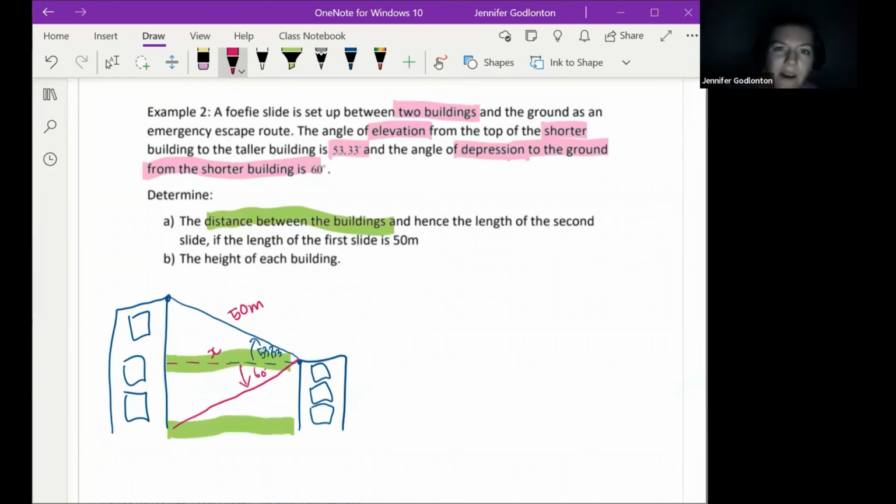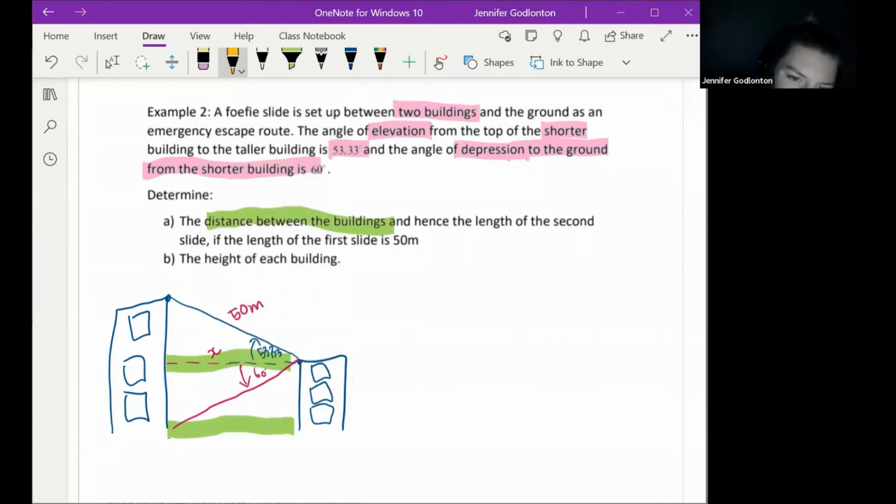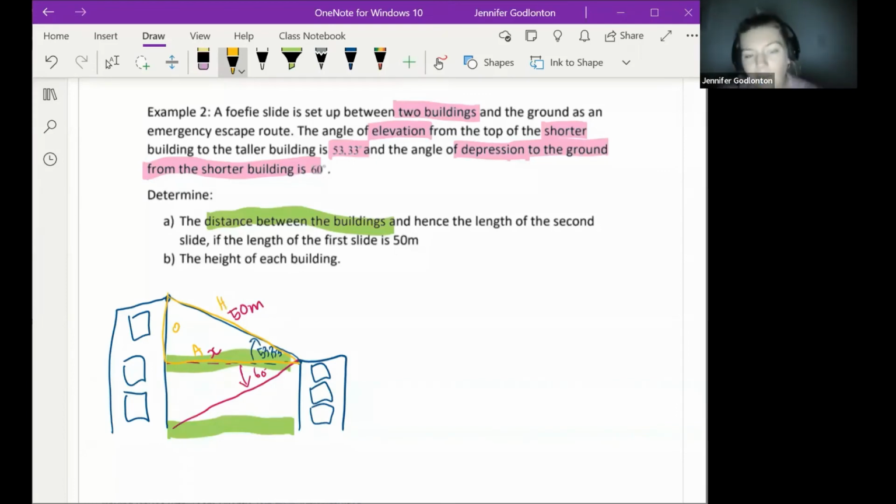If I am looking for x, at the moment I am dealing with this triangle over here. In that triangle, what information do I have? If I label it A, O, H, what do I have? What do I want? And what trig ratio am I going to use with what I have and what I want? Yeah, you try.